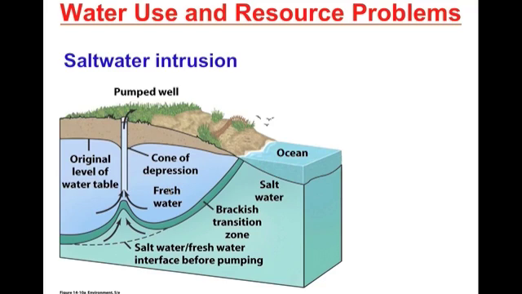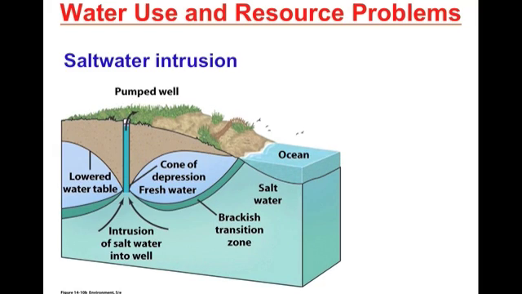However, as these levels of water go down, as you overdraw your aquifer, eventually the water table, the fresh water, will go down and get depleted. Instead of your well drawing up fresh water, it will get to the point that it's lowered the fresh water so much that instead of getting fresh water, you get salt water, because we've gone past the point where it's pumping out that fresh water.